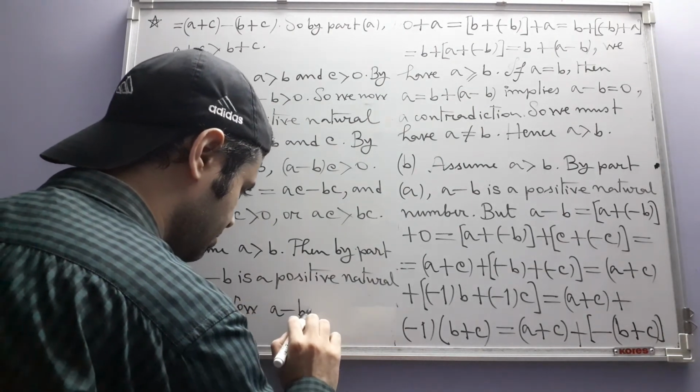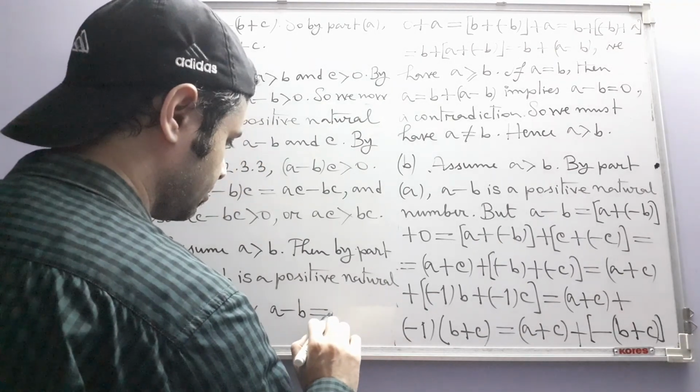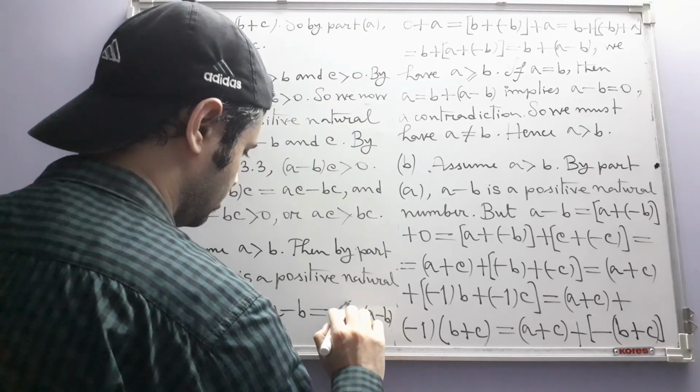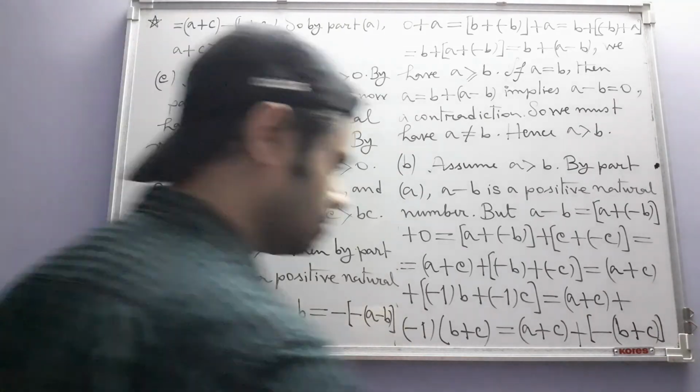Now, a minus b is equal to minus of a minus b. Yes, that can be written.